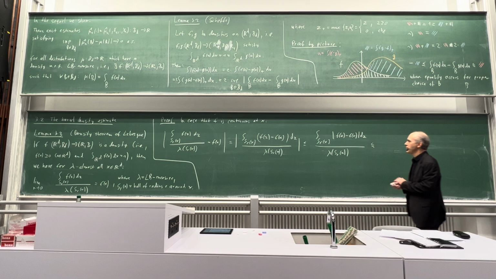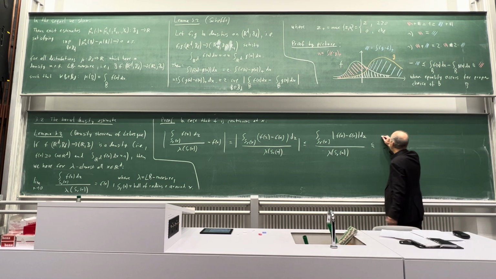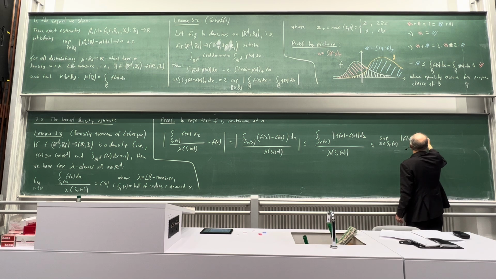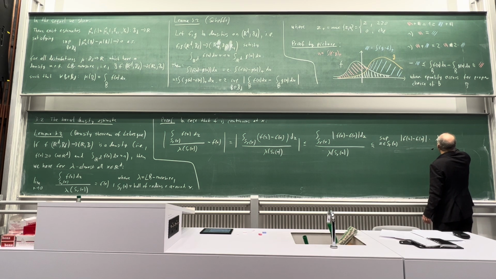And you upper bound the integral by the maximum occurring value times the Lebesgue measure. So that's the supremum over all z in S_r(x) of |f(z) minus f(x)| times the Lebesgue measure of S_r(x), divided by the Lebesgue measure of S_r(x).